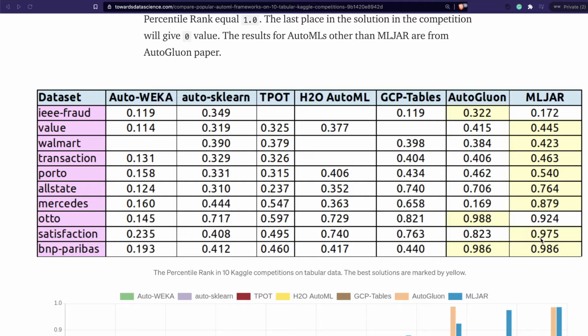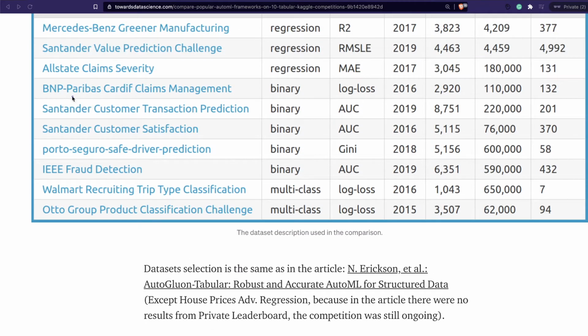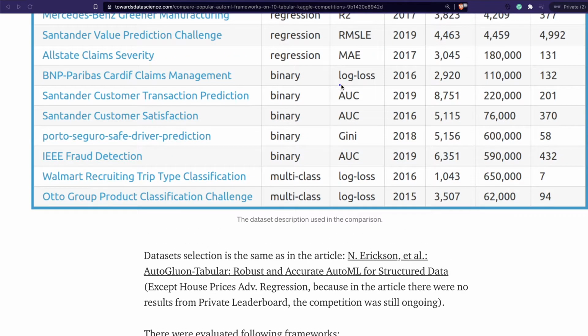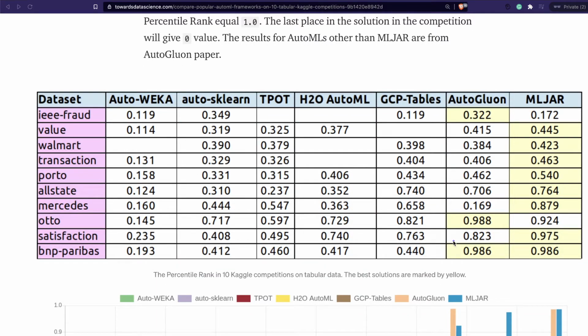Let's take BNP Paribas Cardif Claims Management, the competition we just saw. It's a binary classification problem, and the evaluation metric was log loss. In this competition, if you had used only an AutoML solution, either AutoGluon or MLJAR, you would be placed in the top 2 percent.